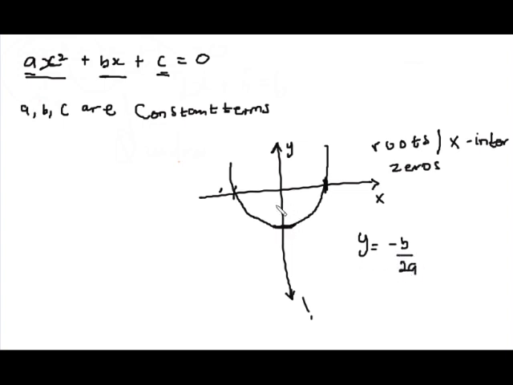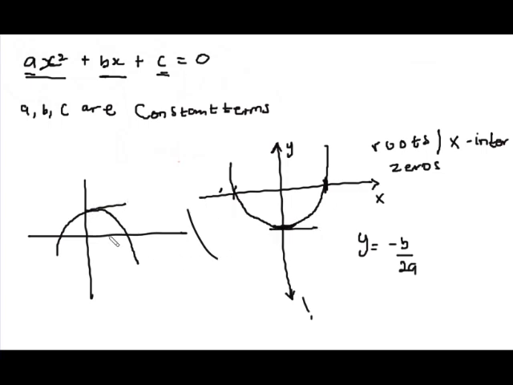Now there are two forms of quadratic equations. There are two general forms in a graph when you graph them. You could have another graph going this way. In this way, we would have a maximum value, and this one will have a minimum value.